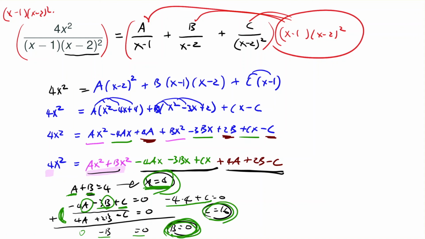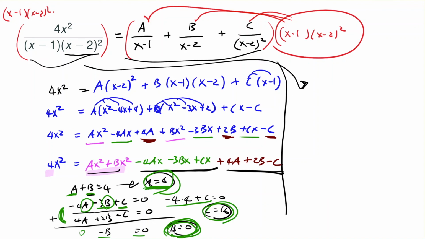So our final answer, let me write it right here, is that when we decompose this fraction, a is 4 over x minus 1. Well, b is 0, so we actually don't need to write it. I'm just going to write it as practice. And c is 16, plus 16 over x minus 2 squared.